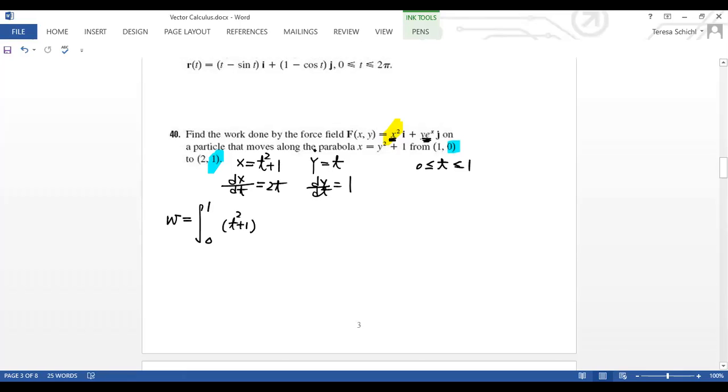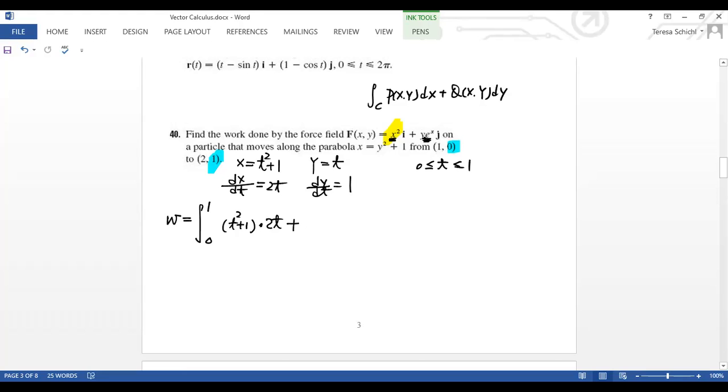Because we know the integration, if you do the integral over C of P(x, y) dx plus Q(x, y) dy, correct? So now I know this one is going to be dx, and dx is 2t. Then plus the Q(x, y).